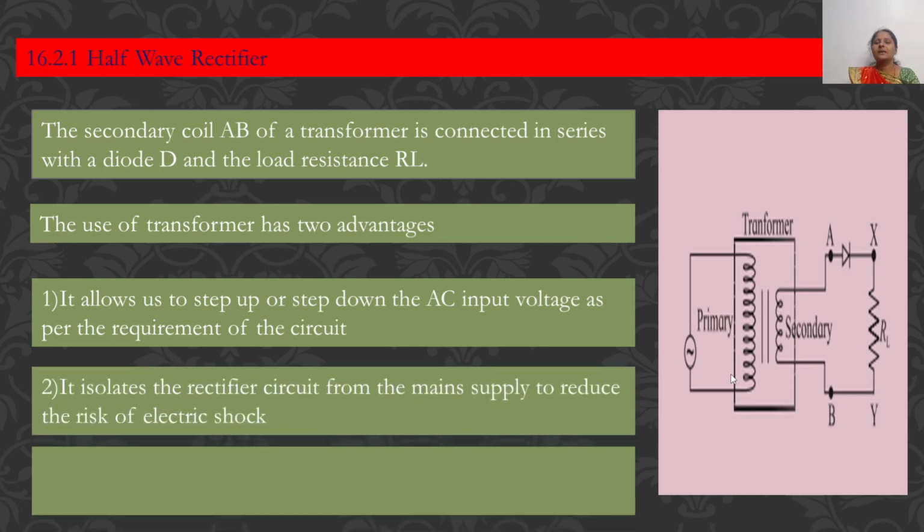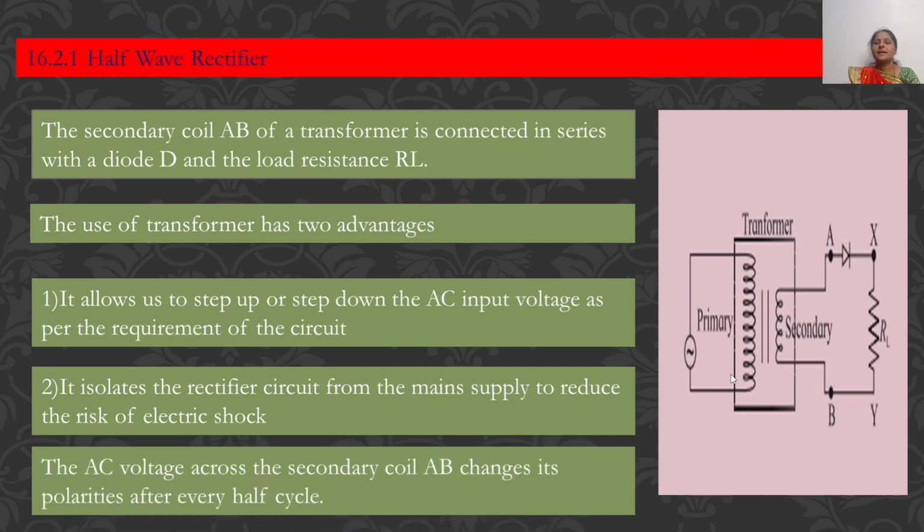Second, it isolates the rectifier circuit from the mains supply to reduce the risk of electrical shock. The AC voltage across the secondary coil AB changes its polarity after every half cycle.